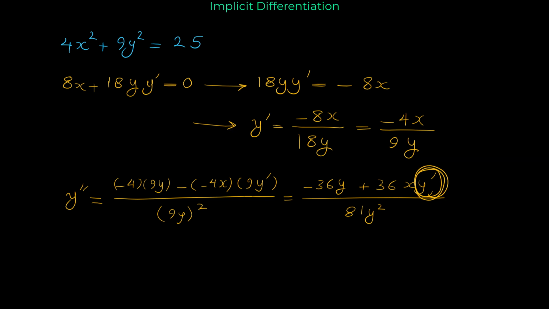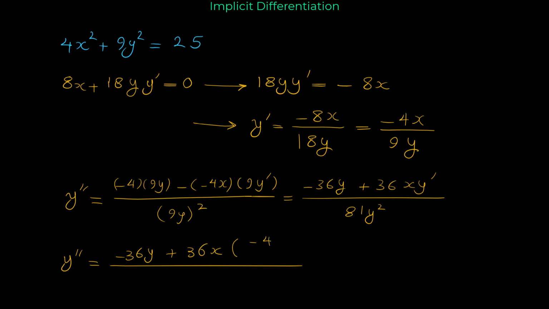So y double prime equals negative 36y plus 36x times y prime, but y prime is negative 4x over 9y, all over 81y^2.